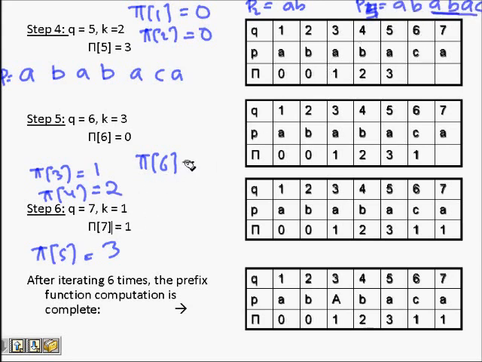So pi of 6 is 0. Now for pi of 7, you have one more a, ababaca, so it will be 1 if you calculate. So based on our calculation, pi 1 is 0, pi 2 is 0, pi 3 is 1, pi 4 is 2, pi of 5 is 3, pi 6 is 0, pi 7 is 1.